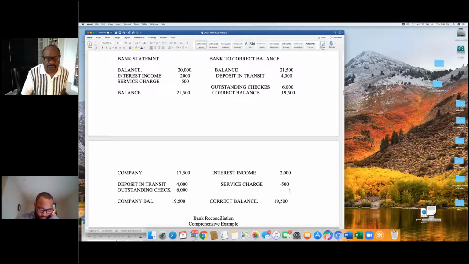And therefore, the company's balance, to get to 19.5, it'd be 21,000, no, I guess it'd be 18,000. So this should have been 18,000.